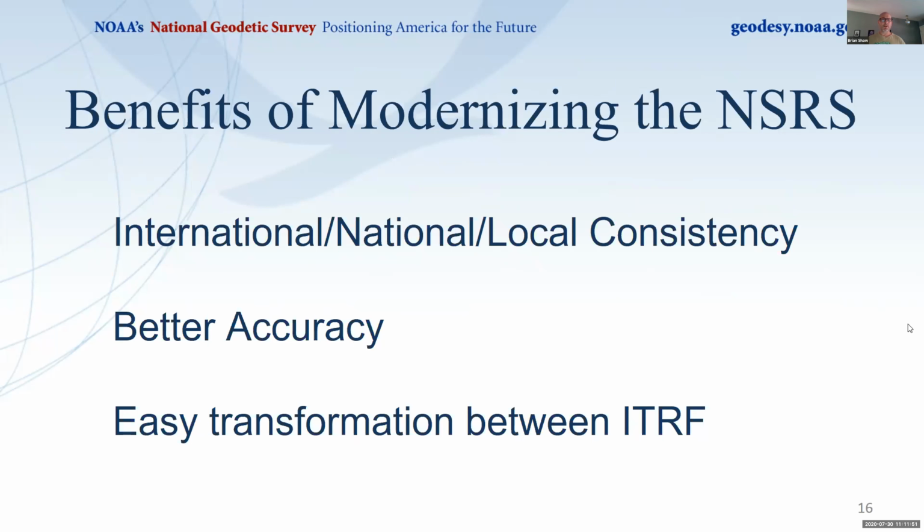Some of the other reasons are international, national, and local consistency. Making sure that counties are collecting in the same system as the state, which is collecting in the same system as the federal government, and easily relatable to international efforts. So, Puerto Rico working with some of the other Caribbean nations and all working in the same system when hurricanes, earthquakes and other major disasters are happening.